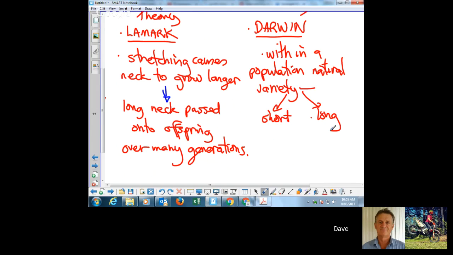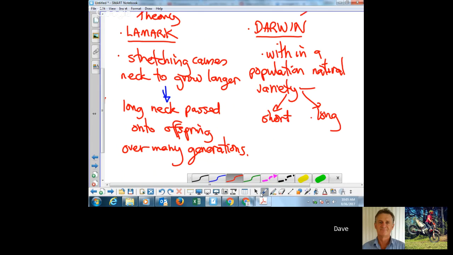The same as before, if there's a drought, and they're all out there trying to reach the leaves of a tree, and you've got a short neck, you're going to go hungry. You may not reach maturity, where the long necked ones are likely to get enough feed, reach maturity, and if they survive, they'll produce the offspring.